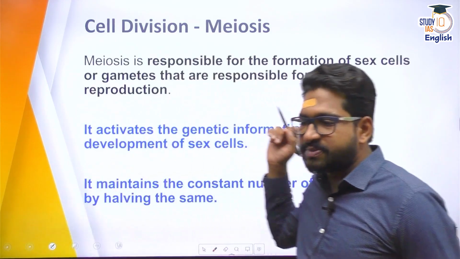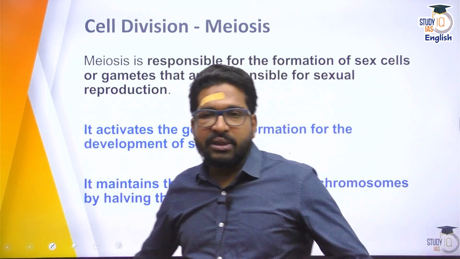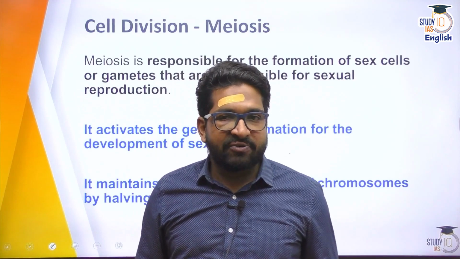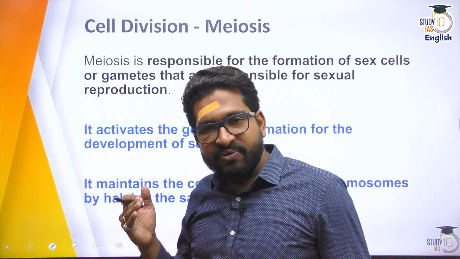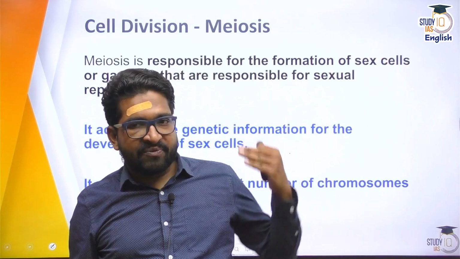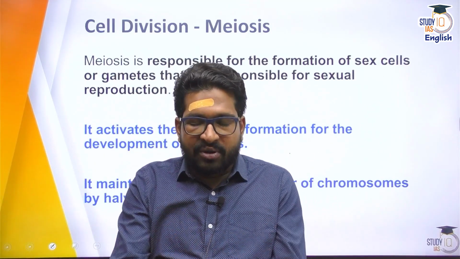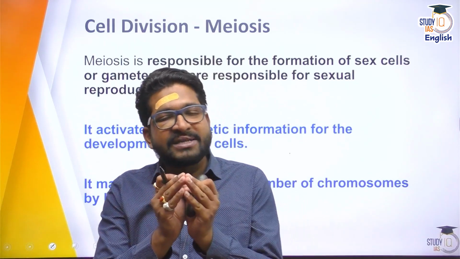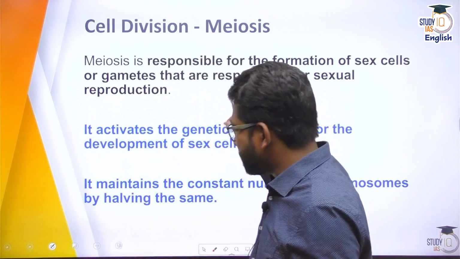And this is responsible mainly for inheritance, meaning in our body there should be constant genetic information. Half a set of chromosomes comes from the father's side, half from the mother's side, and an offspring, the next generation individual, will have a complete set of chromosomes, half from one side, half from the other side. This happens because of meiosis.